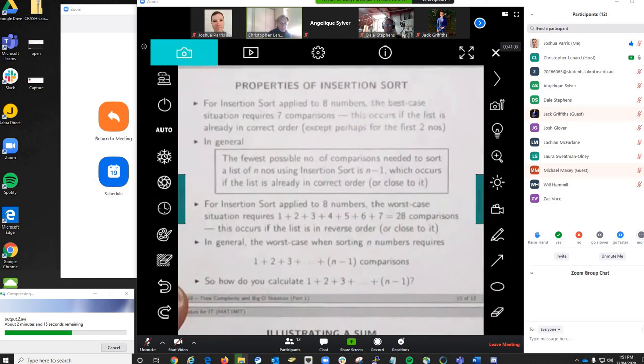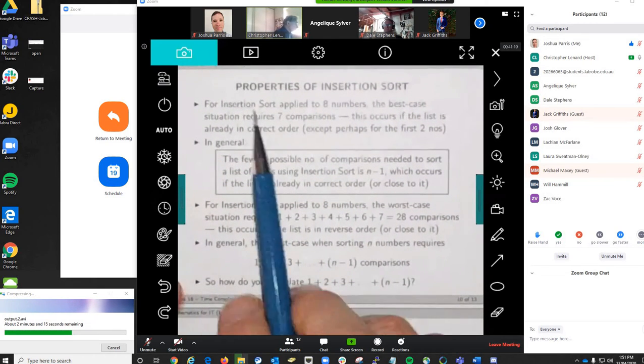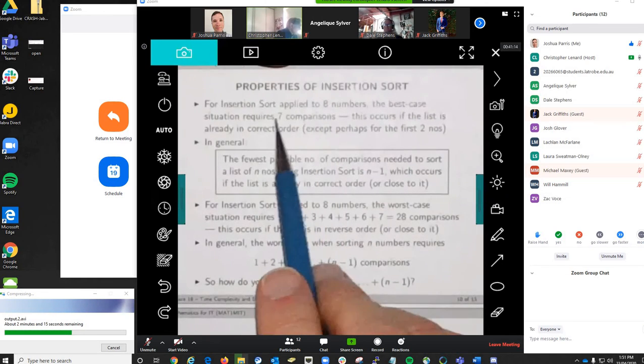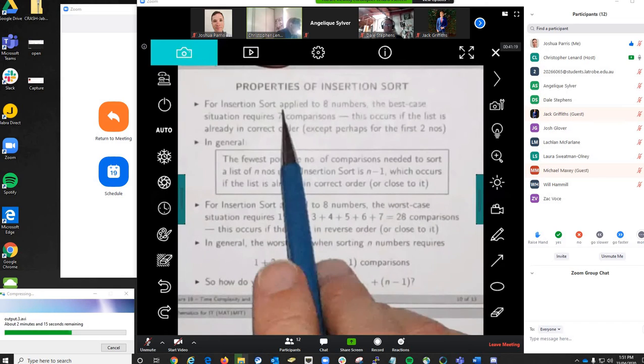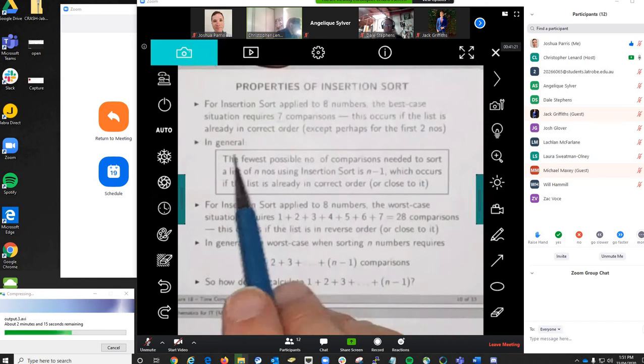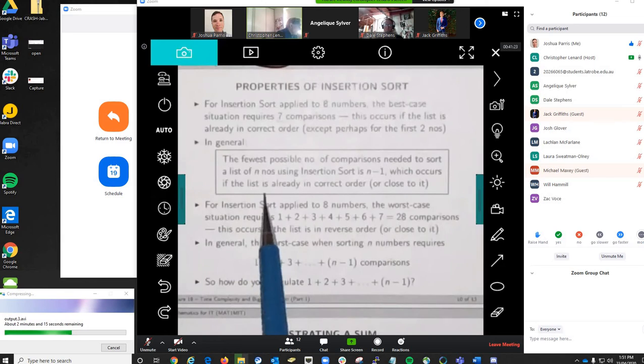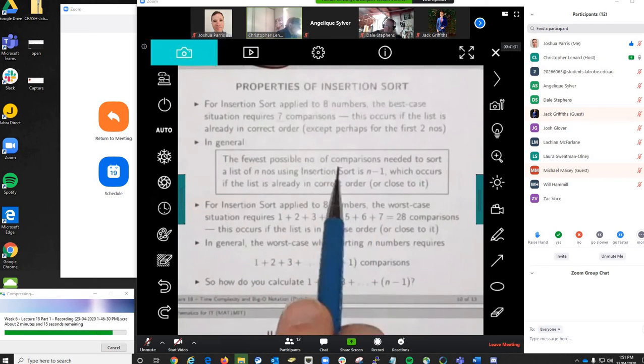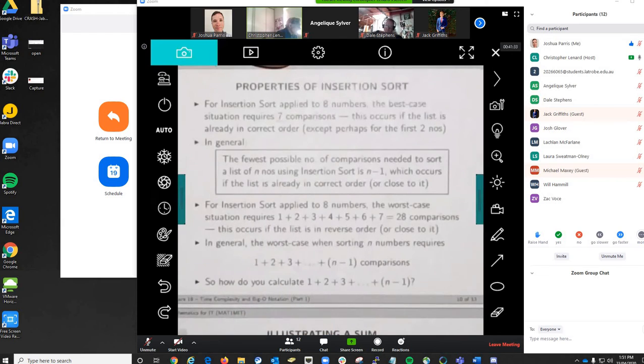So applied to 8 numbers, 7 is the best number of comparisons, the complexity of the problem. If you've got your list already in order or very close to it, then you're going to have the fewest or the smallest number of comparisons.